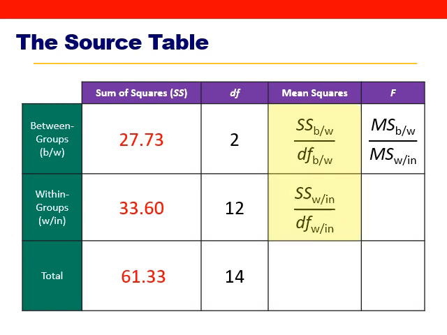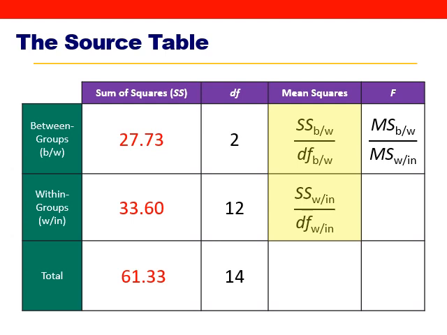Next, we will calculate the two mean squares values that are highlighted in the third column. To calculate these values, we will divide across the table from left to right. So to calculate the mean squares between, we will divide 27.73 by 2. To calculate the mean squares within, we will do 33.6 divided by 12.